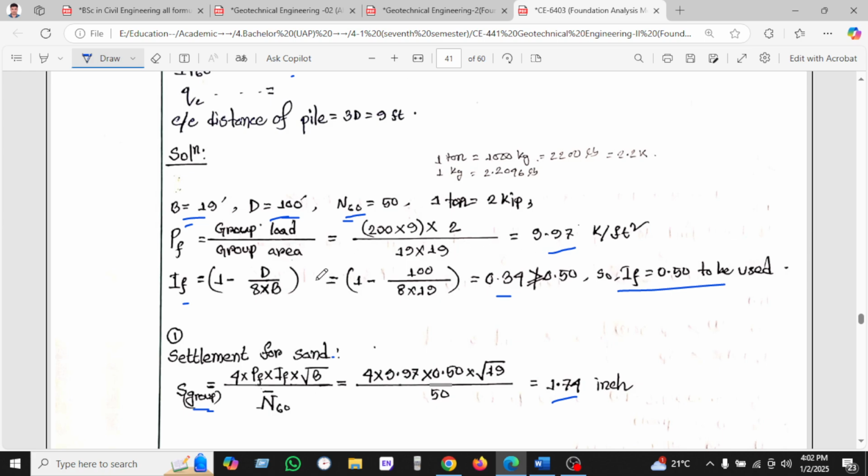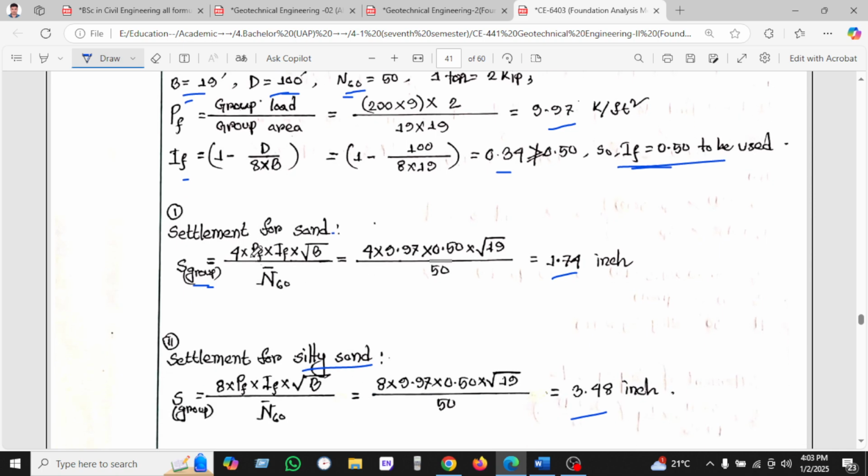We found 9.95, and If equals 1 minus D by 8B, and found this is not greater than 0.334. That's why we will use If equal to 0.50, and the settlement for sand. So this is for sand, and putting all this in we found 1.70.